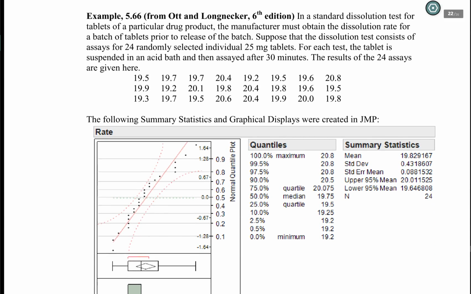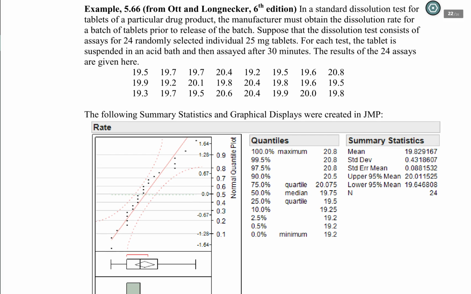And this is actually from your textbook. It's from Ott and Longenecker, edition 6. Take a moment and read this problem setup. Okay, so here we're doing inference on the average dissolution rate for this particular drug. The sample has 24 data points, and the summary statistics are given in JMP.